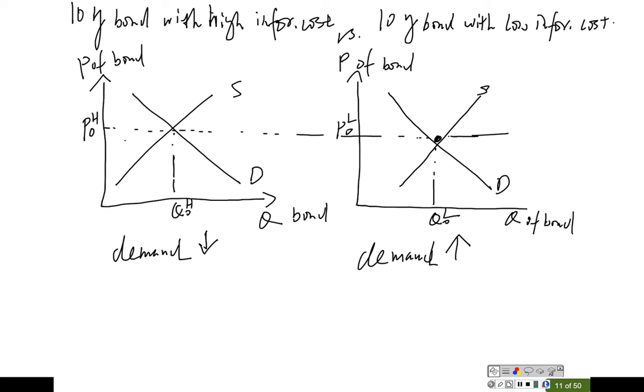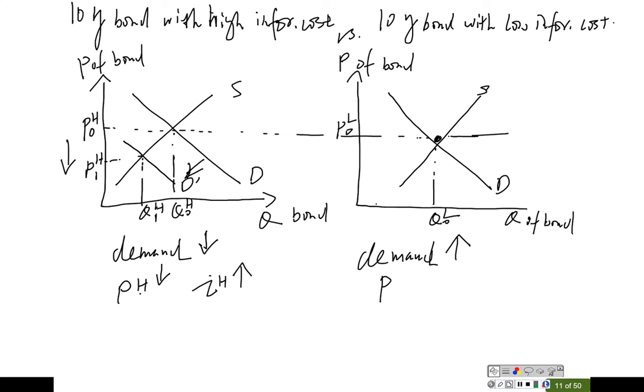And then you can see for the bond with a high information cost, it will shift the demand curve. So with the new equilibrium point, you can see the price and the quantity. So the price of this bond will decrease. With the negative relationship, we know the interest rate on this bond goes up.